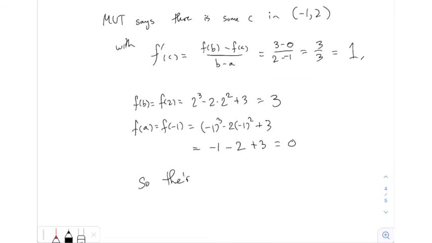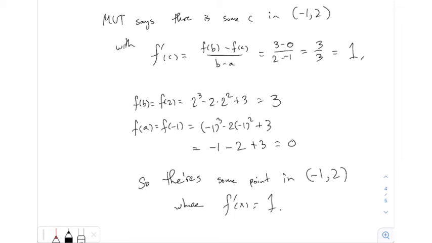I put the apostrophe in the wrong place. There's some point in the open interval, -1 to 2, where f prime of x equals 1. That's what the mean value theorem says in this example.